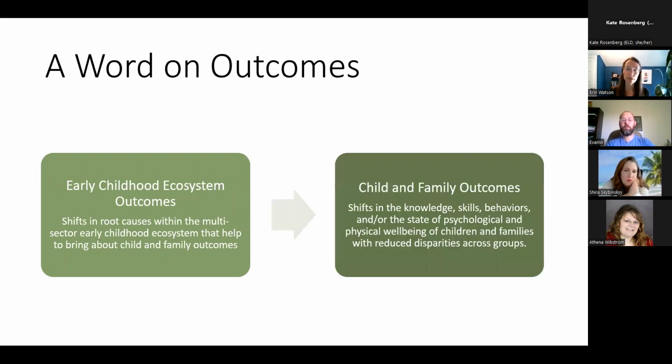Those ecosystem outcomes in turn enable or advance child and family outcomes. But the ecosystem outcomes basically have to happen first. We have to shift our systems in ways that will create the conditions and the opportunities for families to thrive.